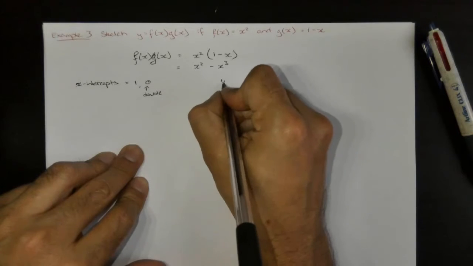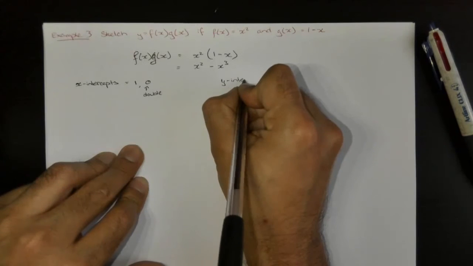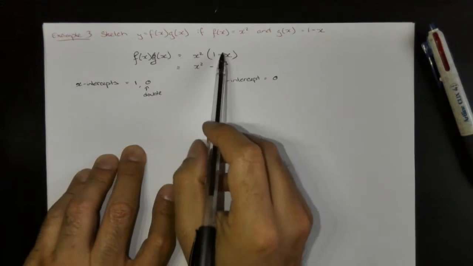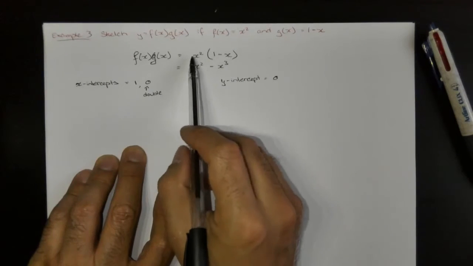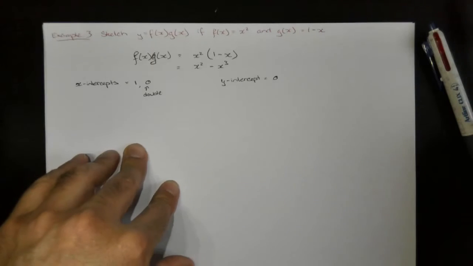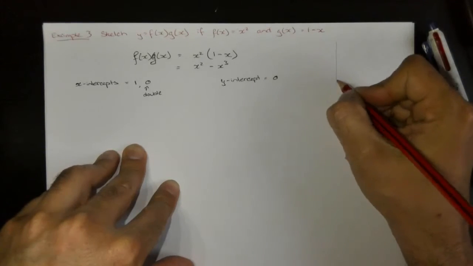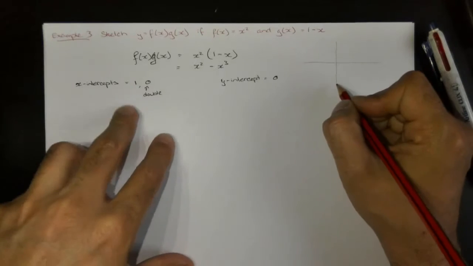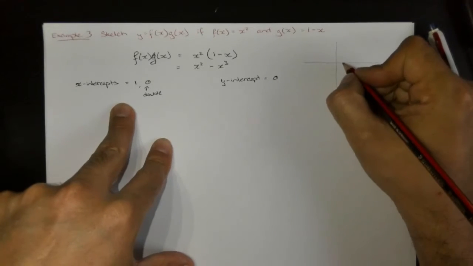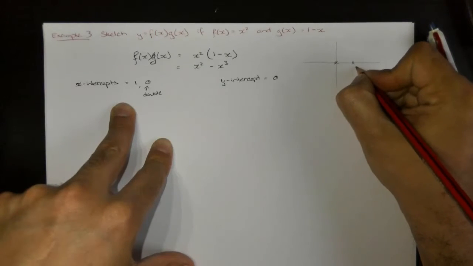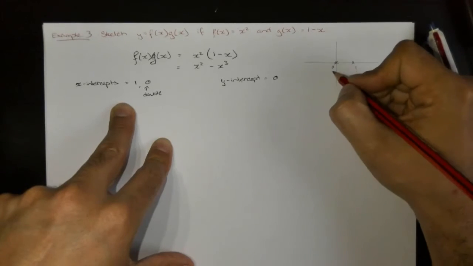And our y-intercept is also 0, because that would be 0 times 0, just equals 0. Okay. So we have another cubic. We have intercept at 0, at 1. So it's a double.